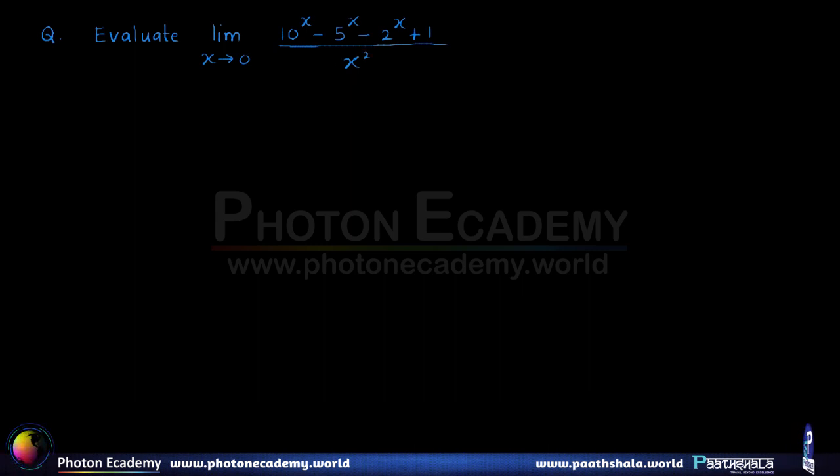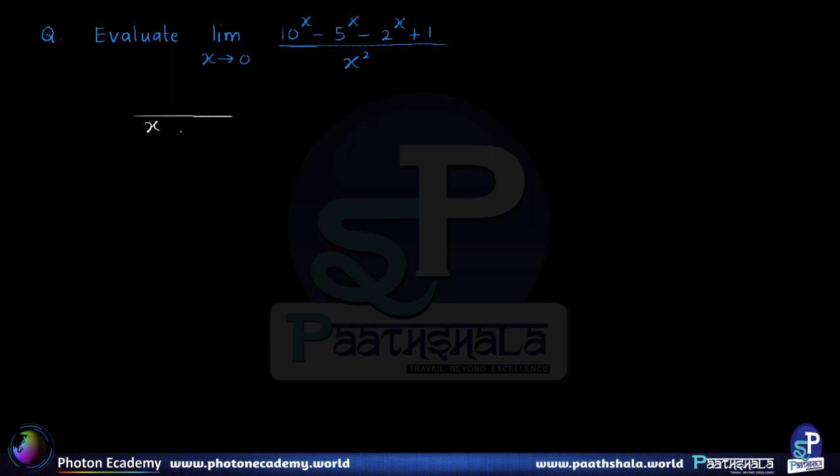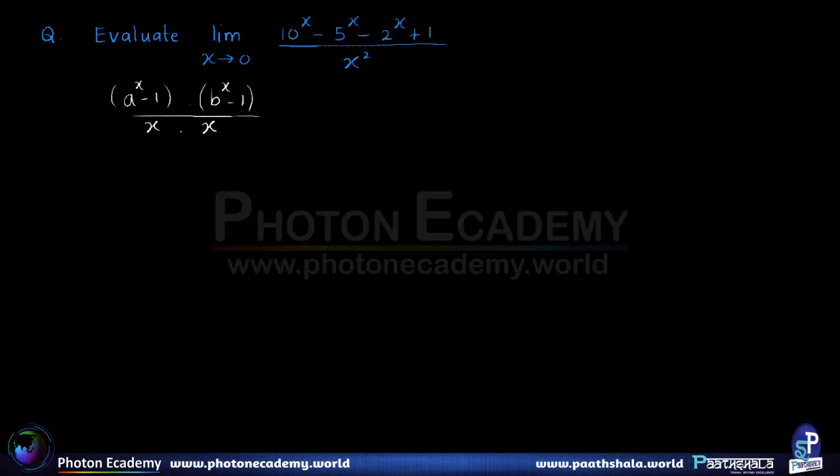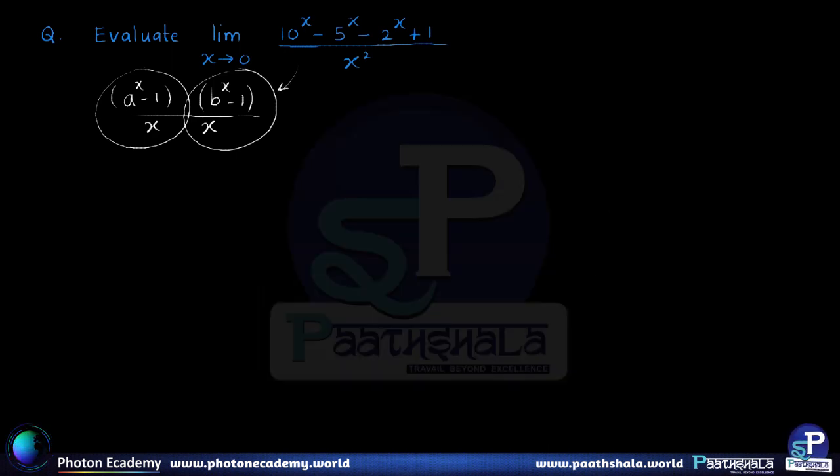So it means that if we break that denominator as x into x, in the numerator we must have one term as a raised to x minus 1, and in the denominator also we must have the term of the type b raised to x minus 1, so that we can use the standard limit on these two expressions. So in other words, it boils down to the fact that we have to factorize the numerator into two factors as shown here, right?